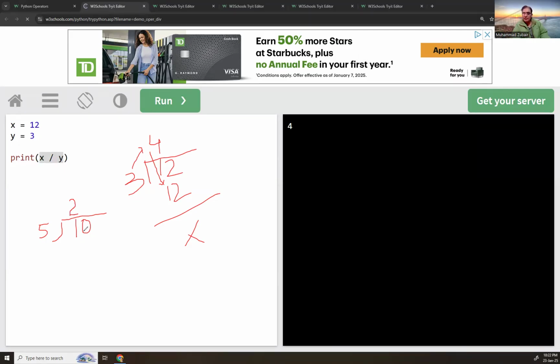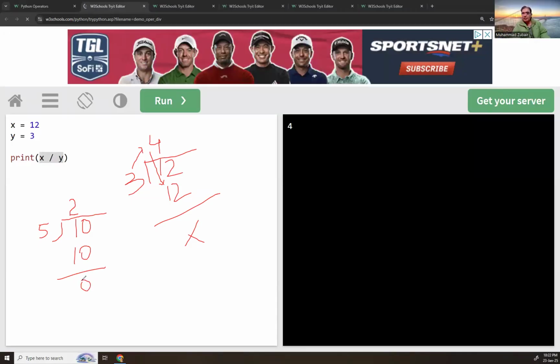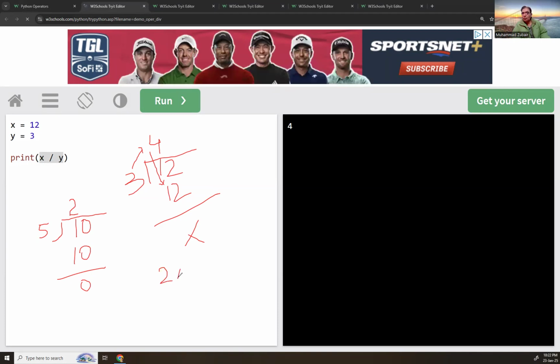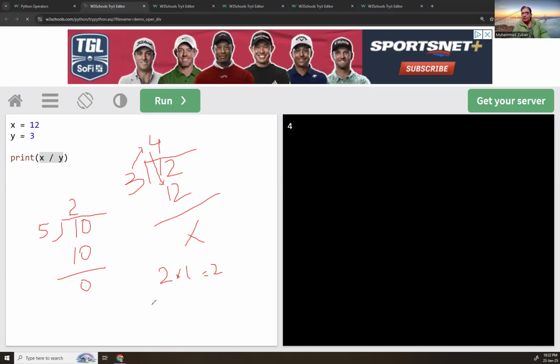Do you know the tables of these digits? Five twos are 10. I don't know the square root. Do you remember the tables like two ones are two, two twos are four?